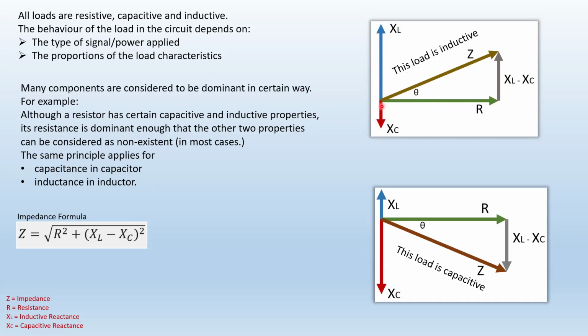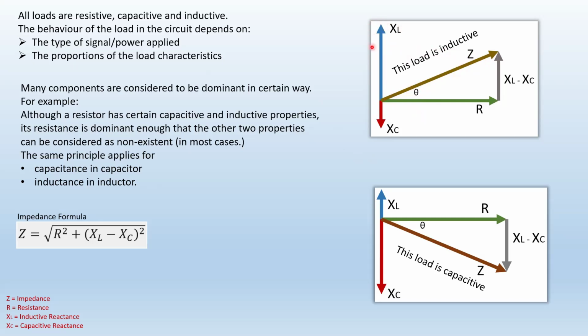So the total reactance is going to be this one here minus that. So it's going to be just that much shorter. That's going to give us the total reactance. If you draw a dotted line to that point here, and you draw the line like this, this is our impedance, and it will have an angle.